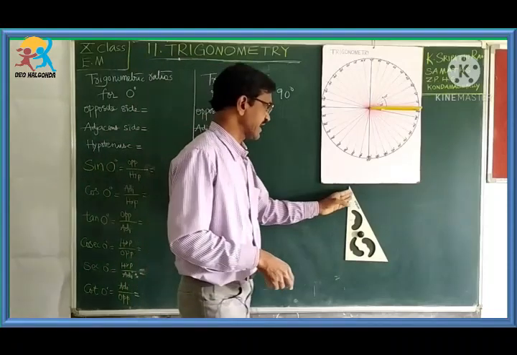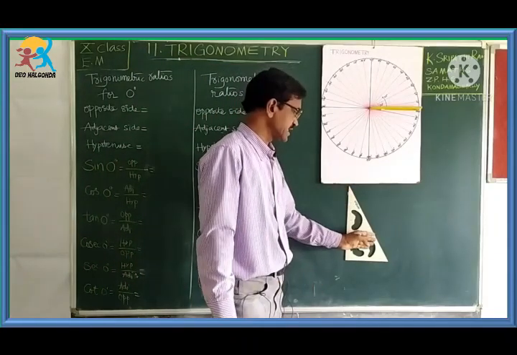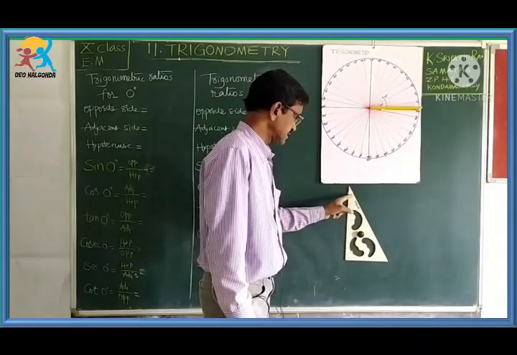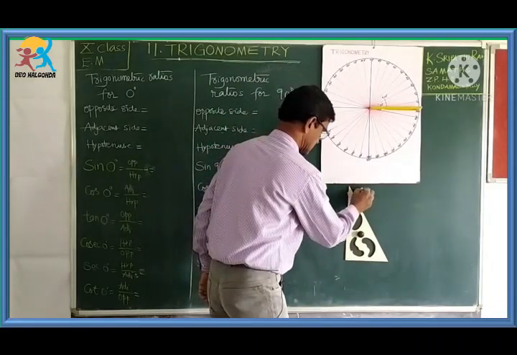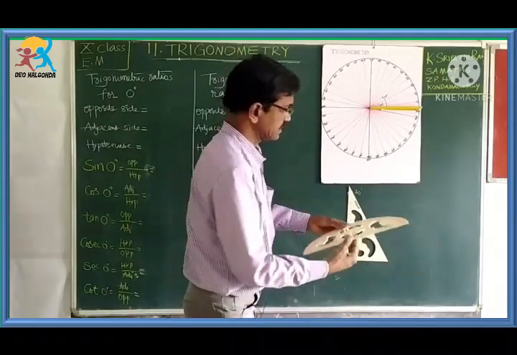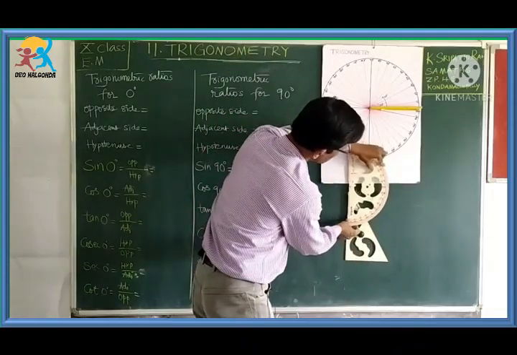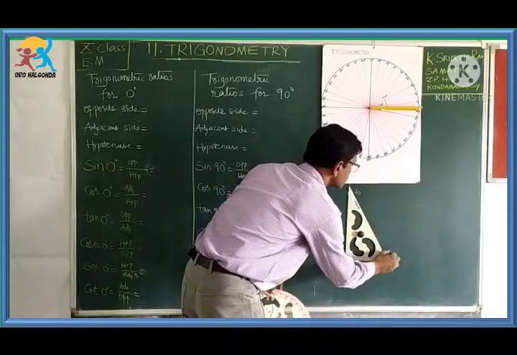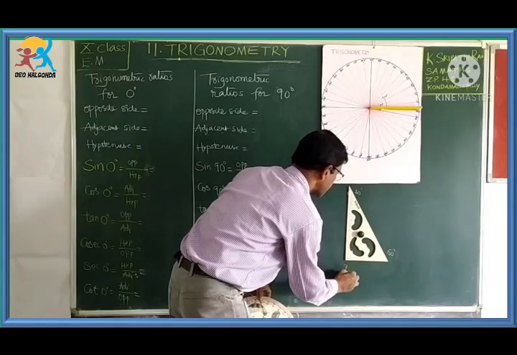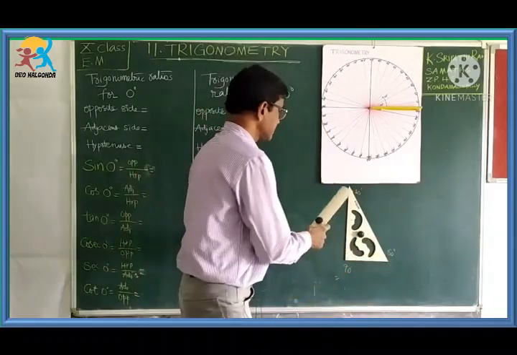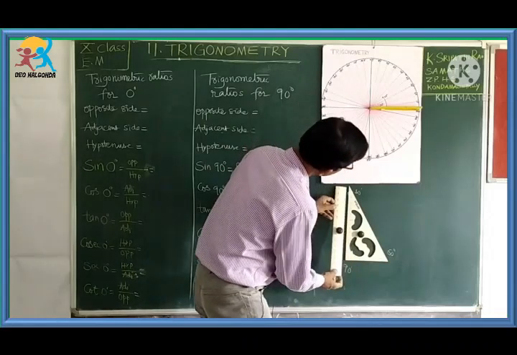Let us compare the values for 30 and 60 degrees with this set square. By measuring with the protractor, this is 30 degrees, here the angle is 60 degrees and here the angle is 90 degrees. If we measure the sides, we get the correct values.